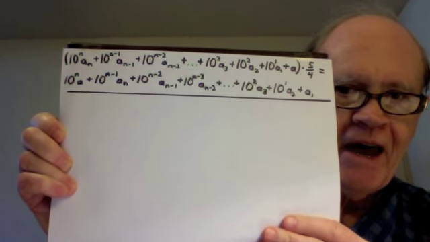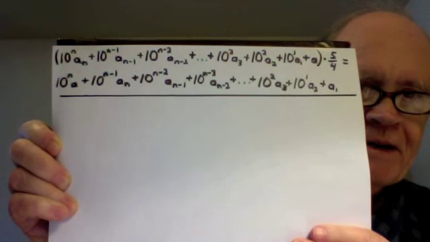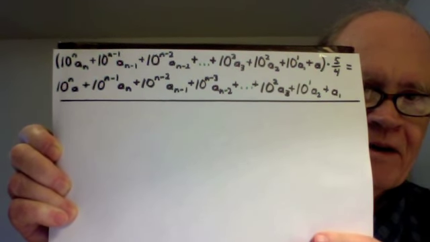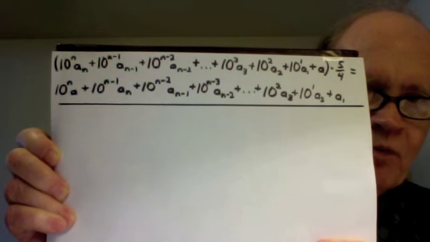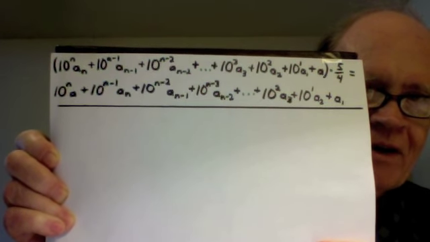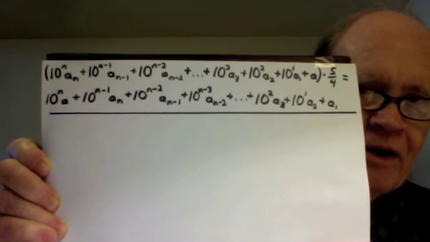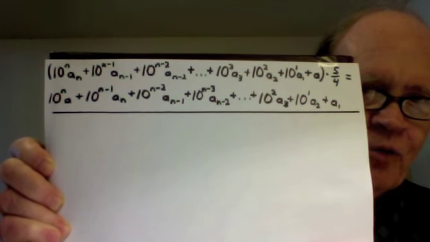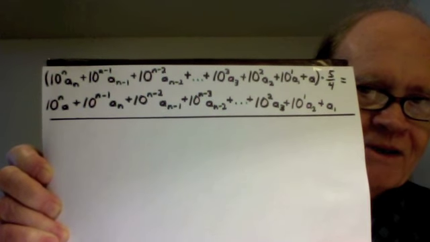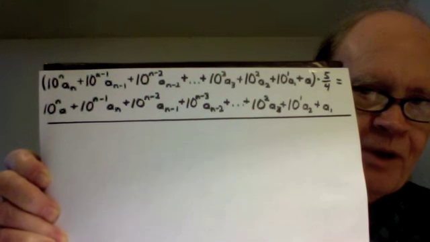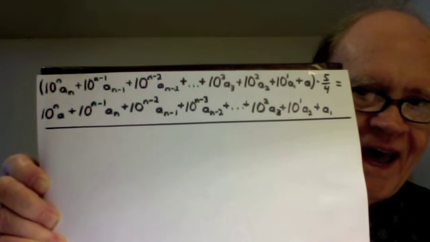Using powers of 10 to designate the different place values: 10 to the n power times a_n plus 10 to the n minus 1 power times a_(n-1) plus 10 to the n minus 2 power times a_(n-2) plus, and so on, then approaching the right end, plus 10 to the third power times a_3 plus 10 to the second power times a_2 plus 10 to the first power times a_1 plus that ones digit a.